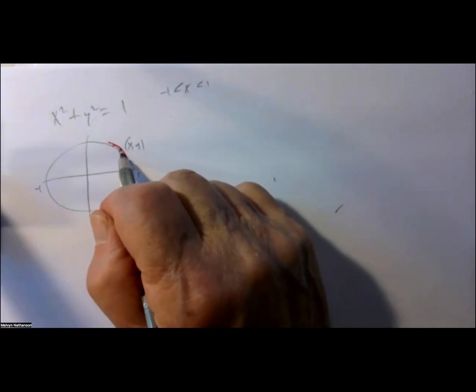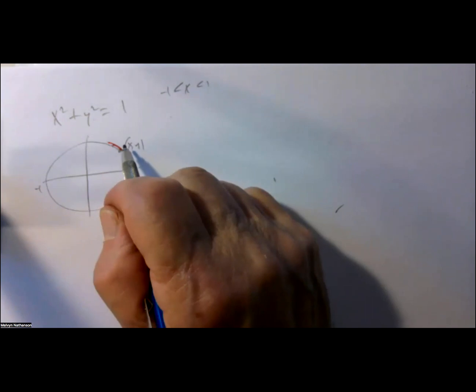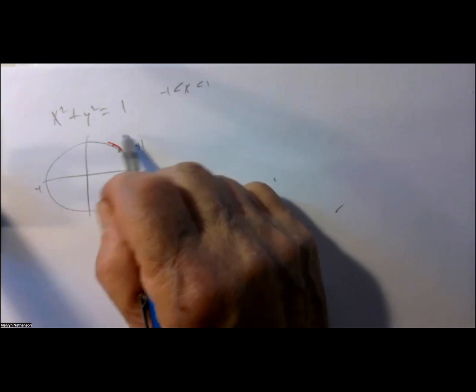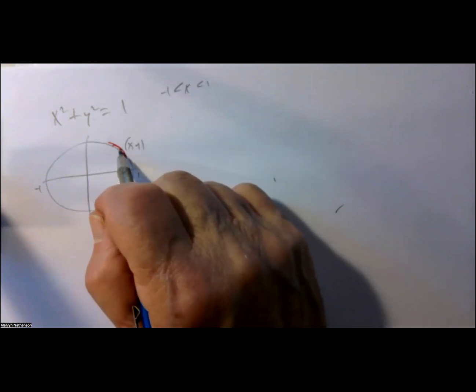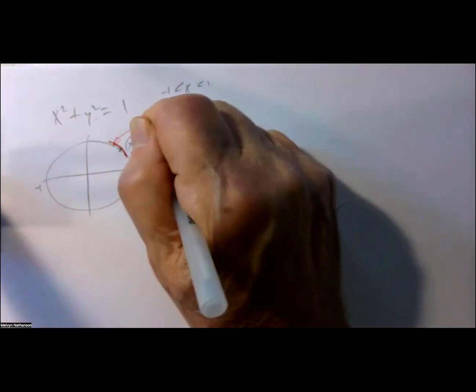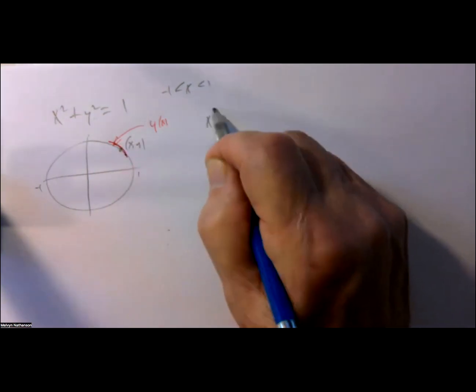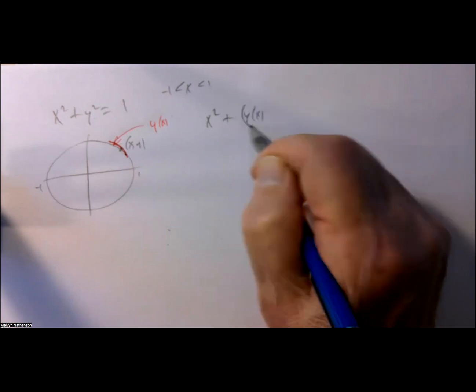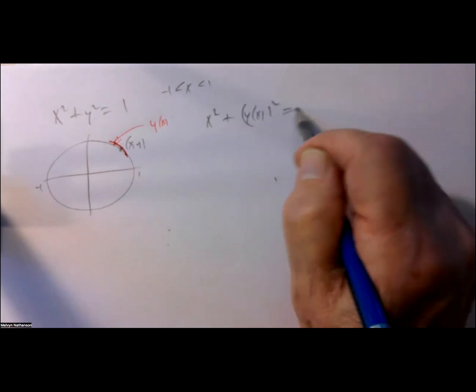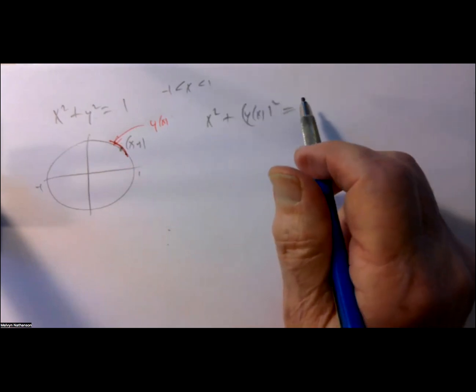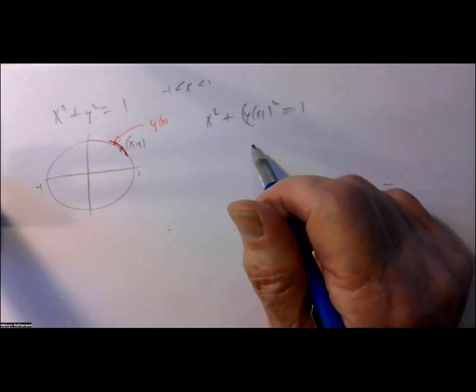So there's some function, I haven't been told exactly what it is, but there's some function of y described by this curve. So if I call this function, whose graph is this little bit in red, y of x, for points on this curve, we have x squared plus y of x squared equals 1.